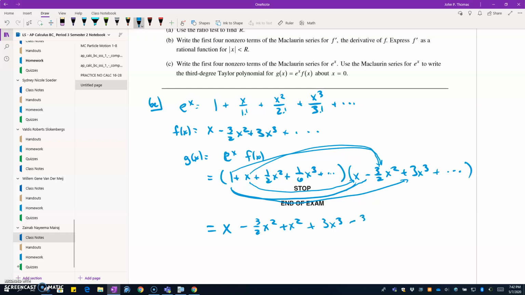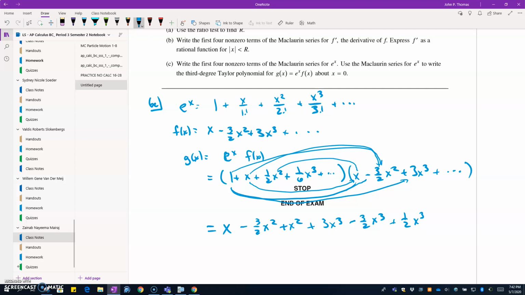That gives me a minus 3/2 x cubed. And then I have an x squared, which I'm going to take times the x term, so that would be plus 1/2 x cubed. Now, anything else that I do past that is going to give me higher degree terms, because it's going to be like an x cubed times x cubed, which would give me an x to the 6th term.